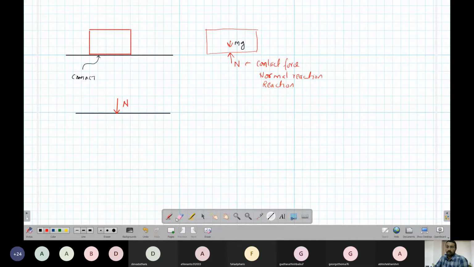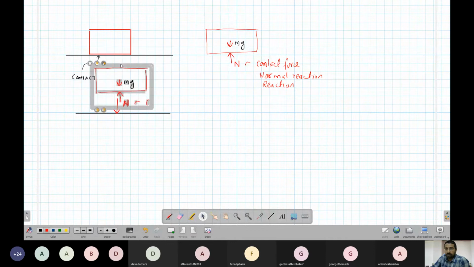So this is how it becomes balanced. The body is balanced by the normal reaction. However much force the support receives, it gives back the same reaction, so it will be in balance. So that is how it works.